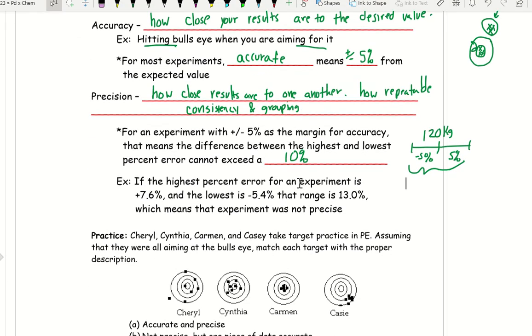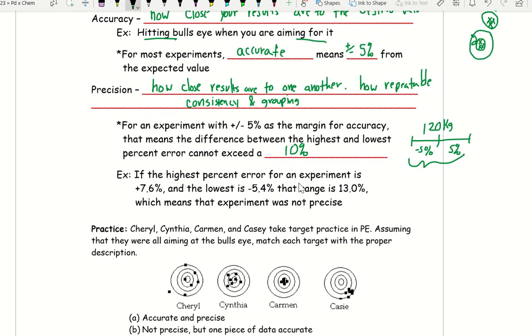If the highest percent error for an experiment is 7.6%, and the lowest is negative 5.4%, and that range is 30%, which means the experiment was not precise.